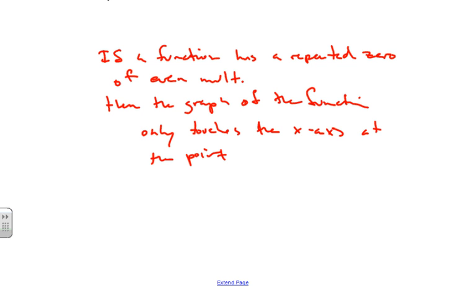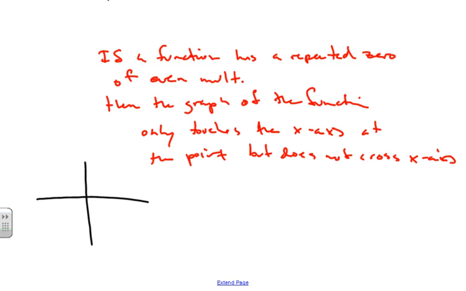So if a function has a repeated zero of even multiplicity, the graph only touches and doesn't pass through that point.